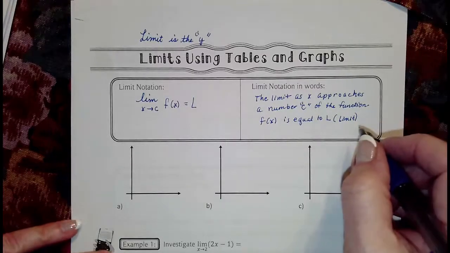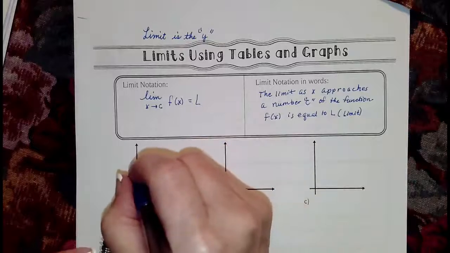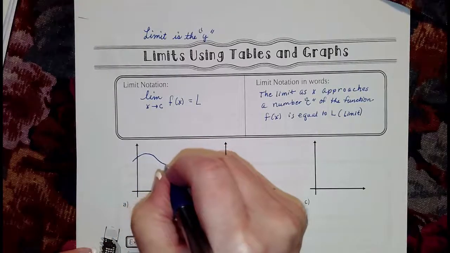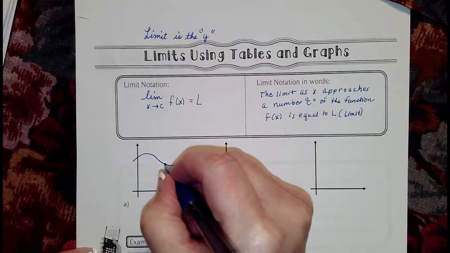Okay, we're going to look at some different types of graphs that we might have. We might have one that comes down like this. And we have this point right here.